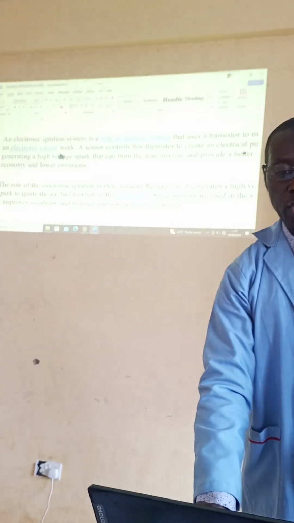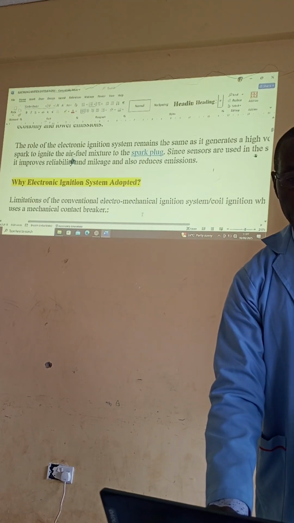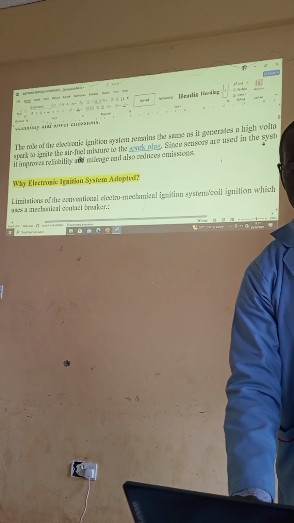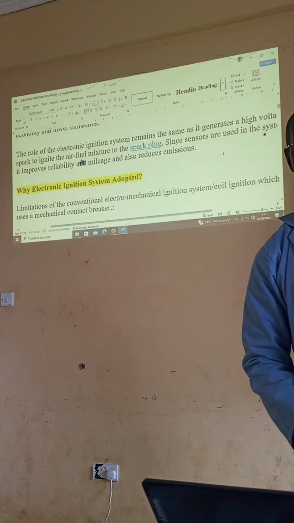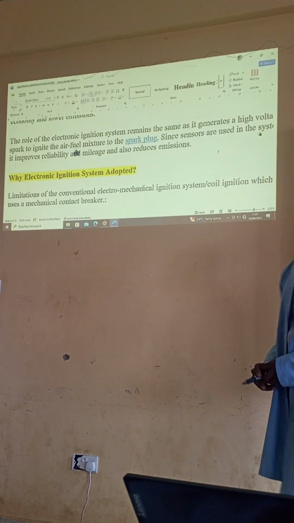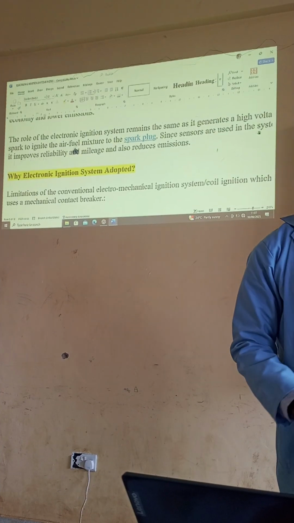The role of the electronic ignition system remains the same because, as I have just said, everything is the same: it generates a high voltage spark to ignite the air-fuel mixture at the spark plugs, as we saw before.